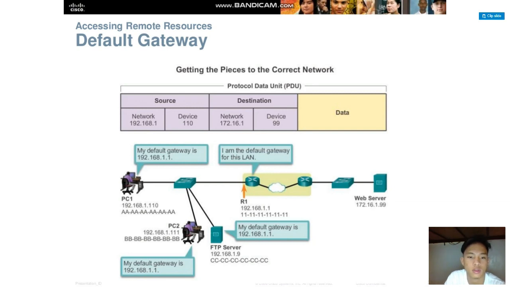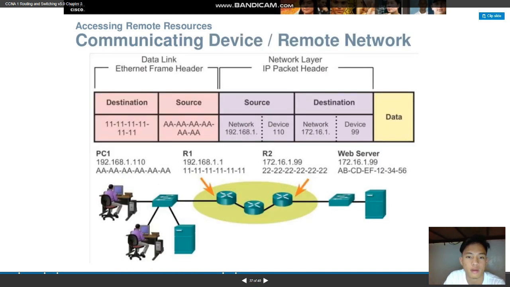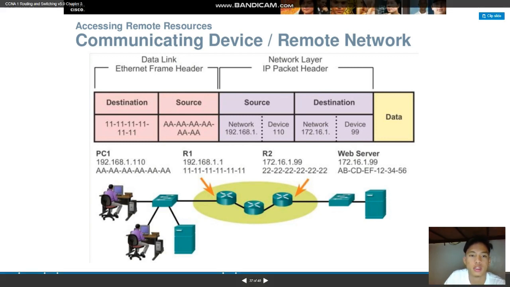You can see the example of default gateway is 192.168.1.1. So this is the example of default gateway. Communicating with a device on a remote network. So we have here the data link Ethernet frame header, and the network layer IP packet header.